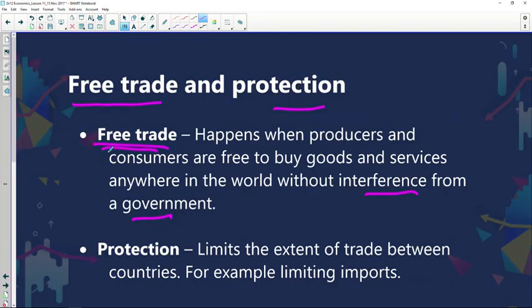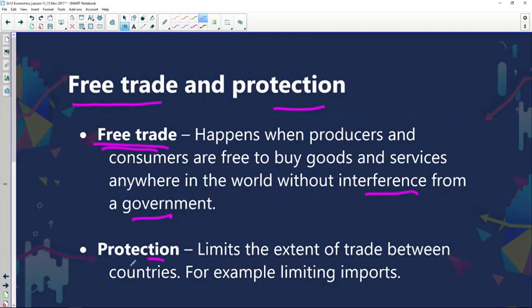So this is a happy situation when we've got free trade, because there is no government interference. You're allowed, as a producer and also as a consumer, to freely buy goods and services from anywhere in the world without interference from the government. This is good stuff, but that's not reality.